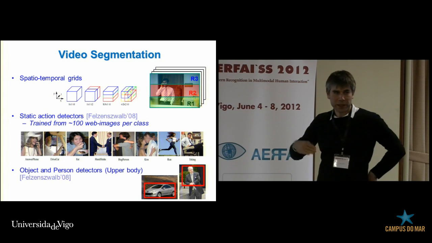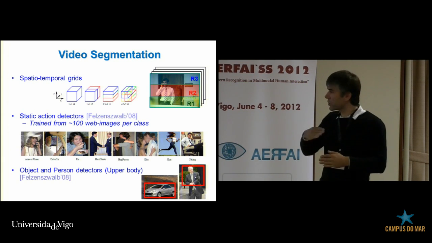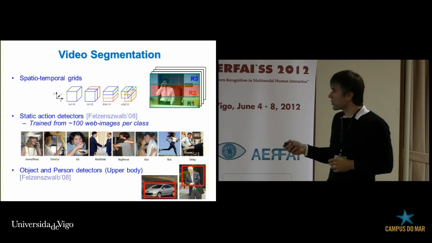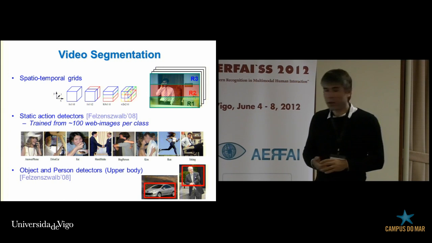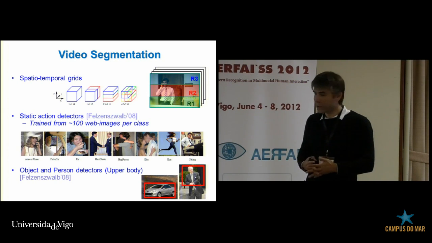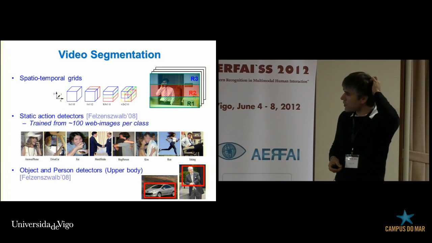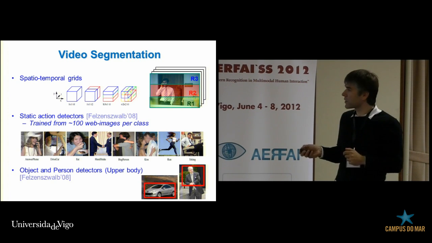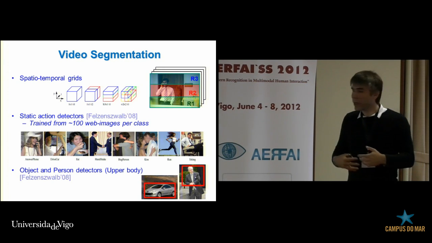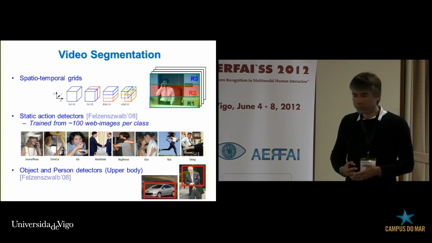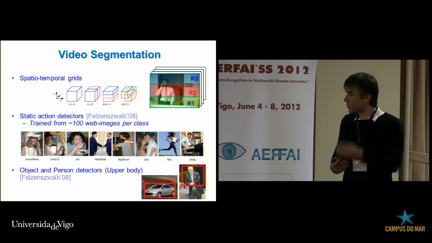Like in spatial pyramid for image classification, we can put different grids on the full video and collect the features from the bottom, from the middle, from the top of the video. We've seen in previous work that this has improved results. But this is fixed, not dependent on the video itself. So we want some segmentation which is image dependent and carries additional information.